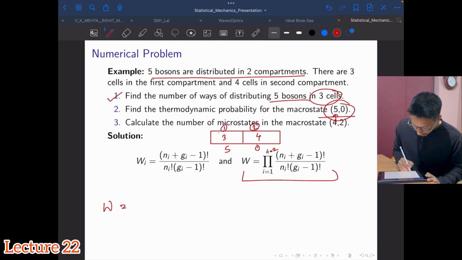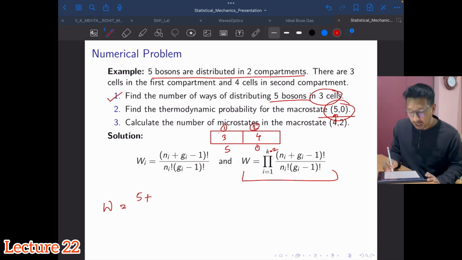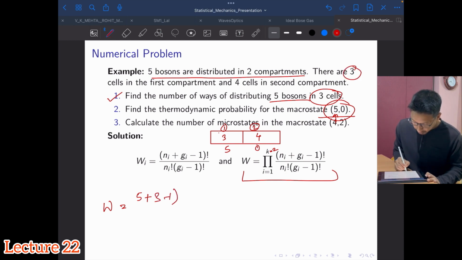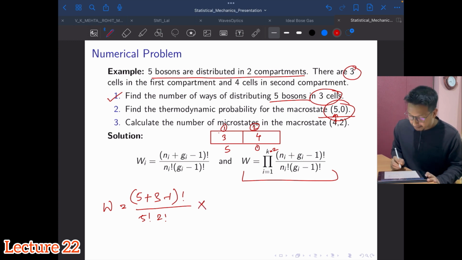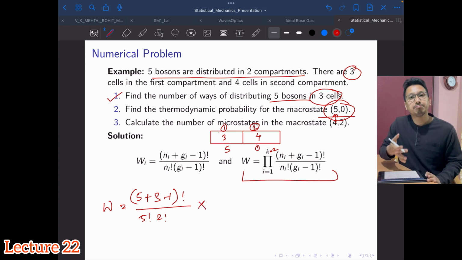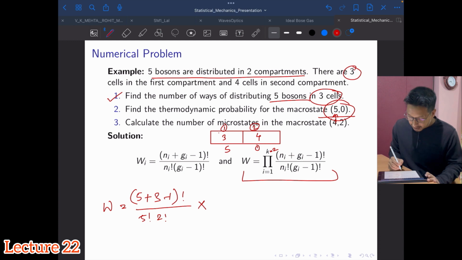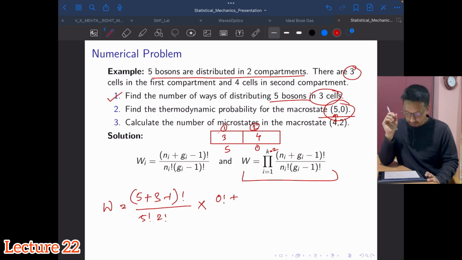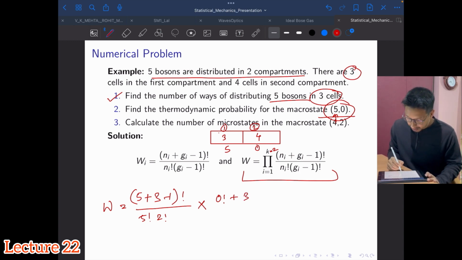So 5 plus, in the first compartment how many cells are there? There are 3 of them, so 3 minus 1, this is factorial, divided by 5 factorial and Gi minus 1, which is 2 factorial, then multiplied by, in the second compartment, 0 particles, so 0 factorial, plus Gi, the number of cells in the second compartment is 4, so 4 minus 1 is 3 factorial.